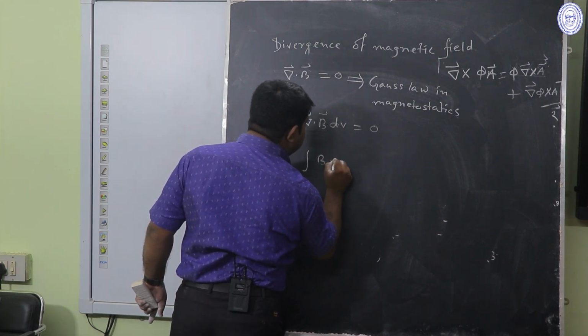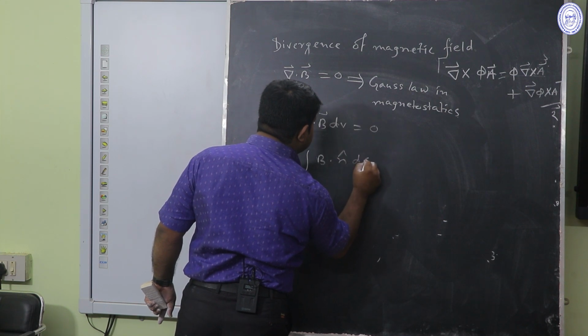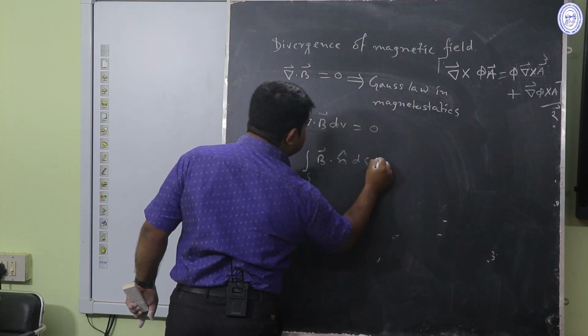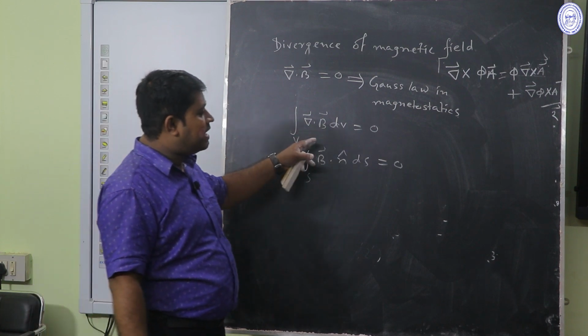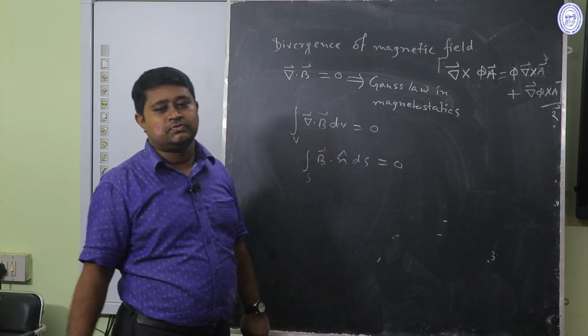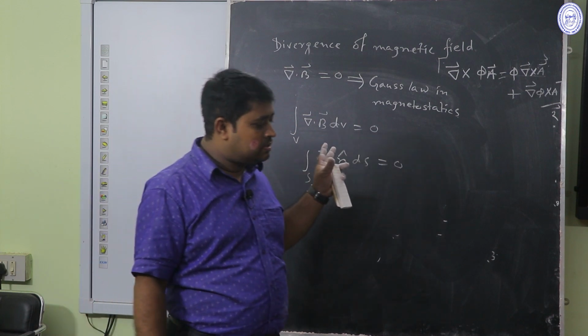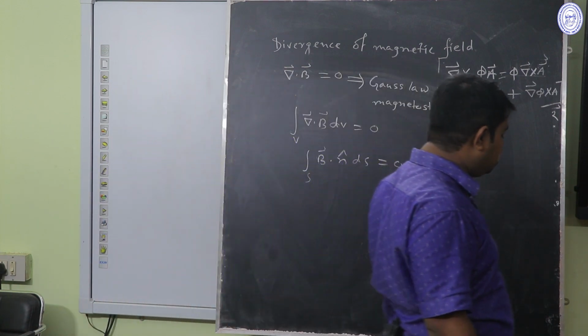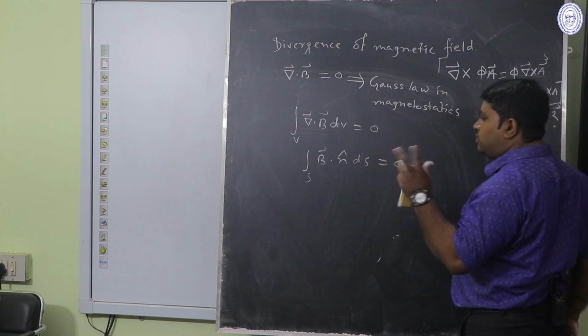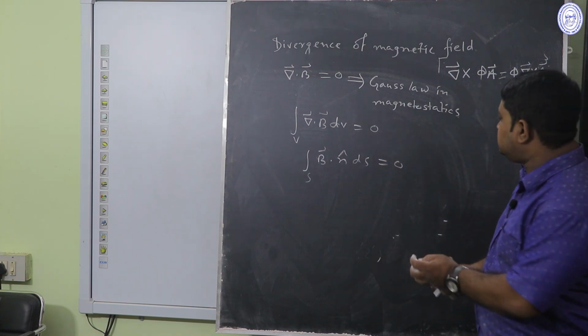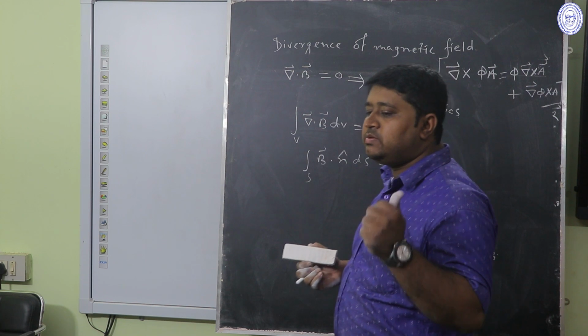Closed surface integral of B dot n hat dS is equal to 0. That means the magnetic lines of force are always closed, or there are no isolated magnetic monopoles.